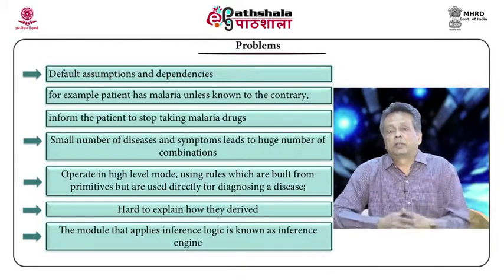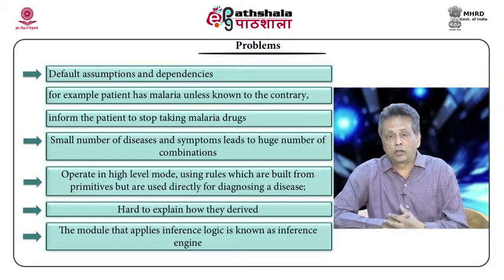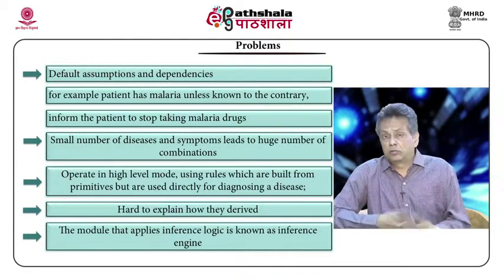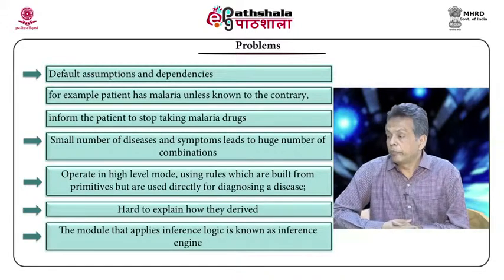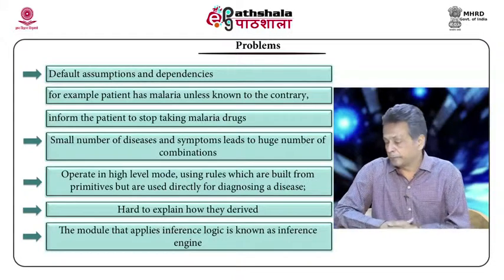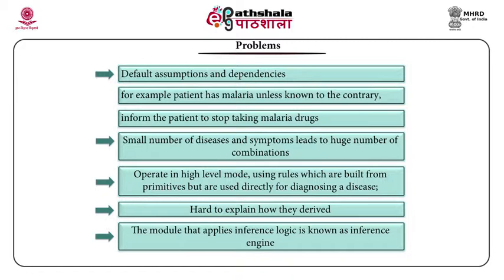For example, if you have a patient with fever on alternate days and feeling cold, that may not be malaria in some typical case. So, a default assumption may be wrong. Operating at a very high level is the other thing, because many times low-level things are not known. I have already talked about that.